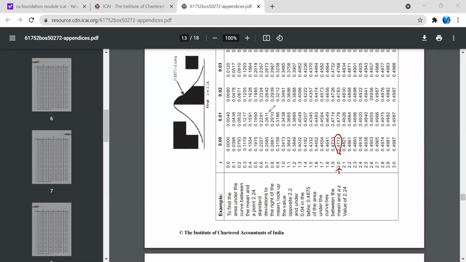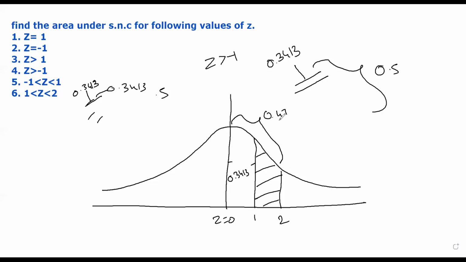So this area is 0.4772. This area is 0.3413. We want the area between 1 and 2, so what we'll do is subtract this area from this complete area.